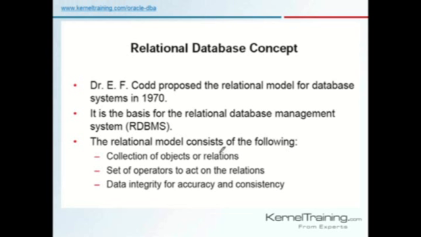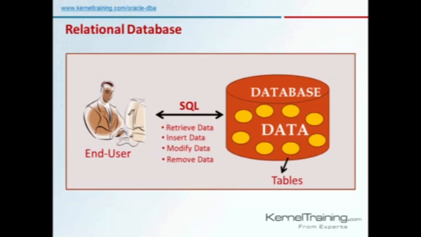So how does your end user, your client, get the data? By using the SQL language and the RDBMS software, which is nothing but your Oracle software. In your database, all your data will be stored in the form of tables.